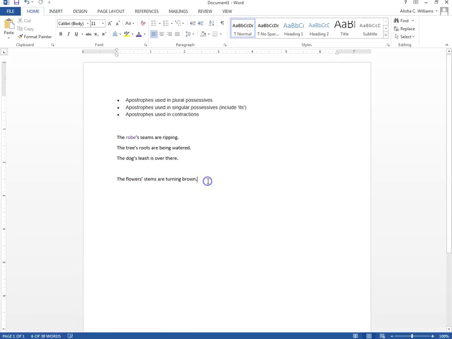If we had the flower's stem, it would make more sense to talk about only one stem if we're talking about only one flower. Of course, we have to make the verb agree. So one flower, one stem, and it's turning brown. Multiple flowers that have multiple stems, one stem each, presumably, and they're all turning brown. So this one is plural possessive, this one is singular possessive.